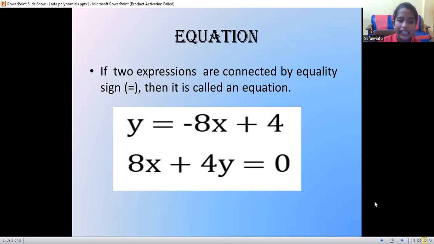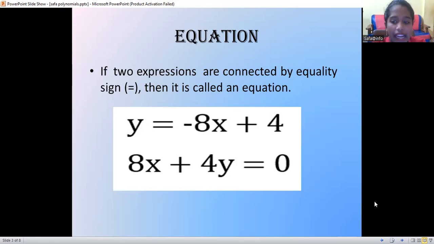So what is meant by equation? Expression means it doesn't have an equal symbol. For example, here we have 8x plus 4y. It doesn't have an equal symbol. Just don't consider the equal to 0.